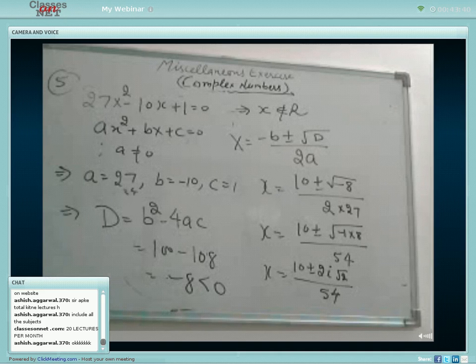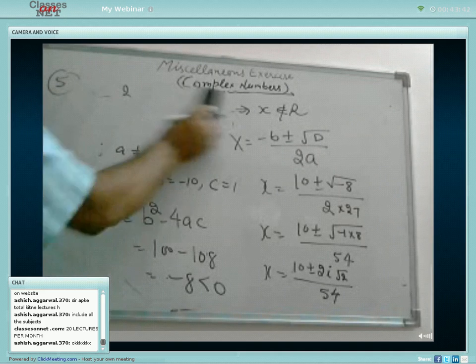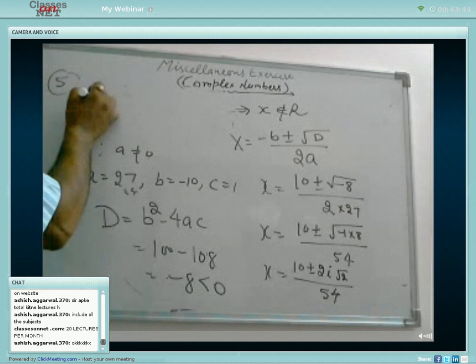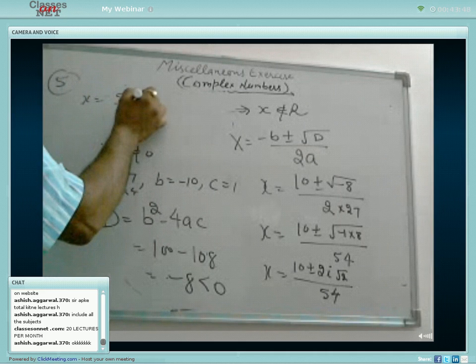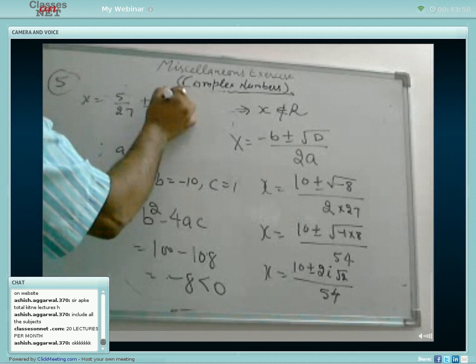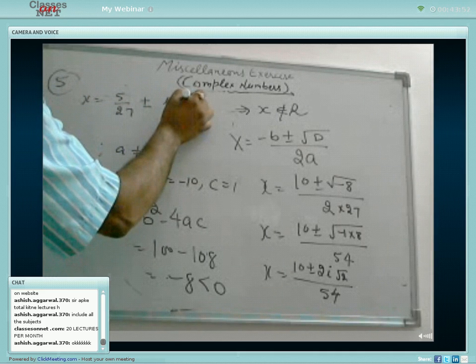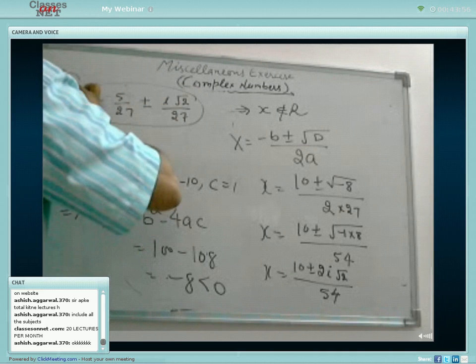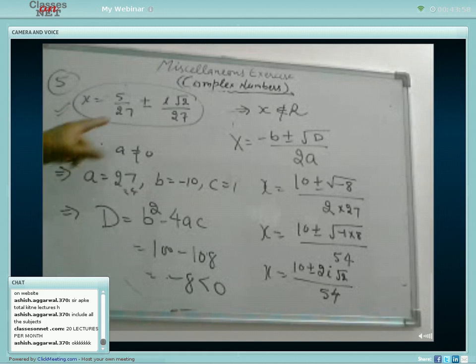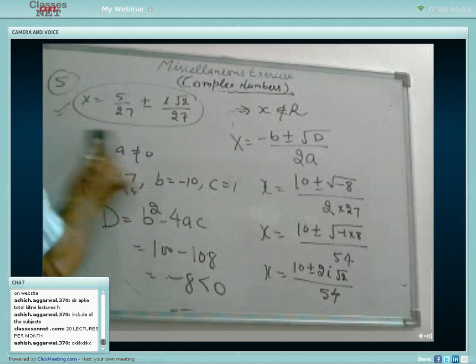You can take 2 common and cancel it. That gives me 5 divided by 27 plus minus iota into root 2 divided by 27. These are the final values of x, which are again of the form a plus iota b. It has complex roots.